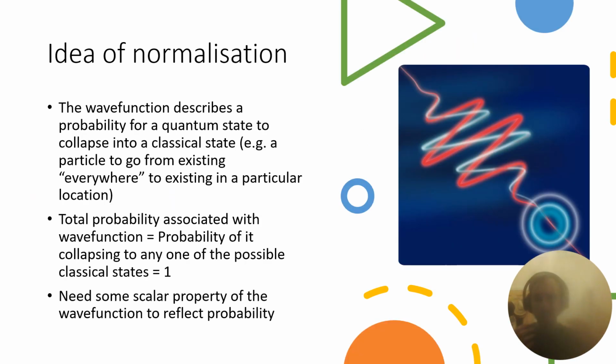And the second thing we would like our wave function to be able to describe, as well as relative amplitude, is something called normalization. Or at least we would like to be able to normalize our quantum state and our wave function.